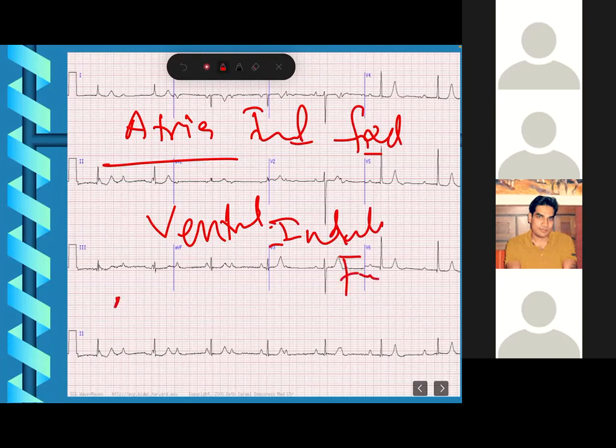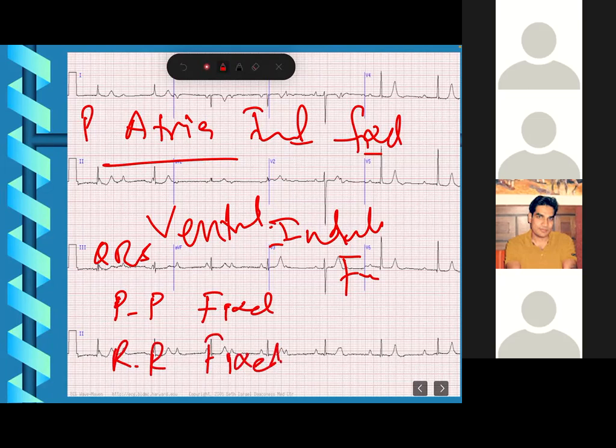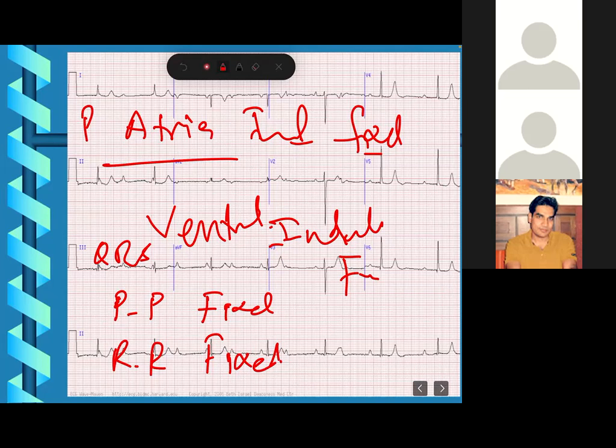As we know, the P wave represents atria and QRS represents ventricles, so the PP interval is always fixed and the RR interval is always fixed in third degree block, but there is no link between the P and R. Atria are contracting independently, ventricles are beating independently. So this is complete AV dissociation. From atria to ventricle, there is no linking.